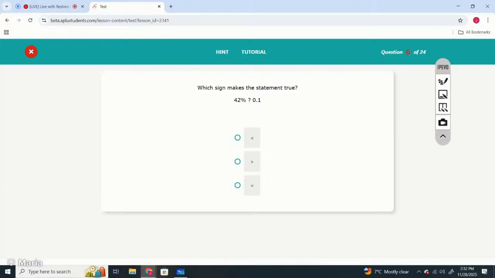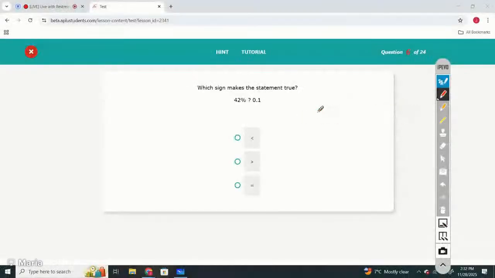Which sign makes the statement true? 42% and 0.1. So convert 0.1 into the percentage form. 0.1 times 100 is 10%.